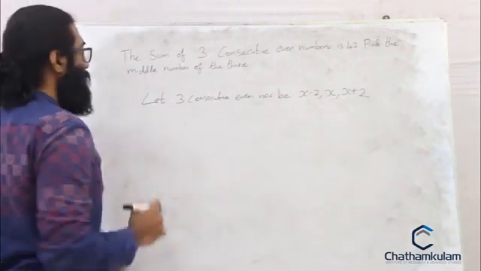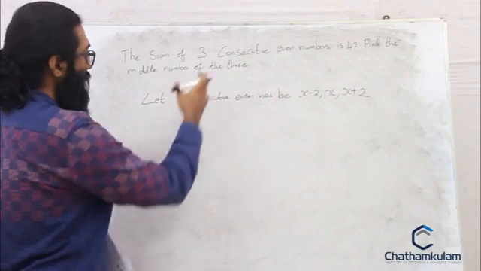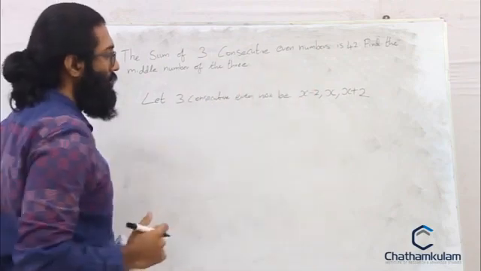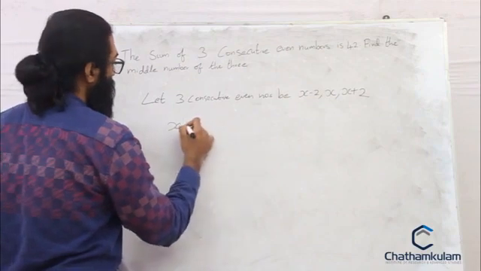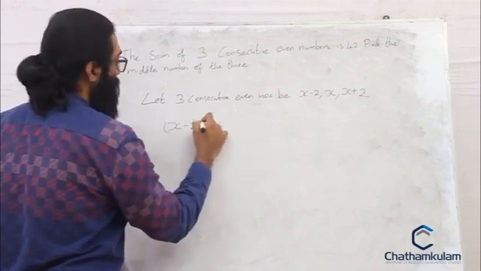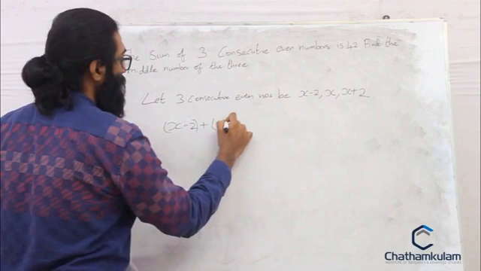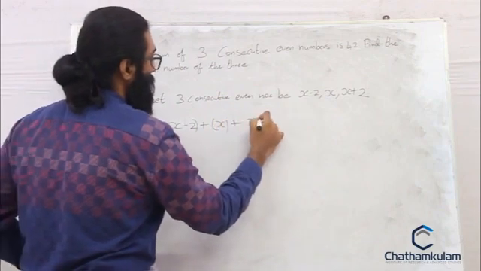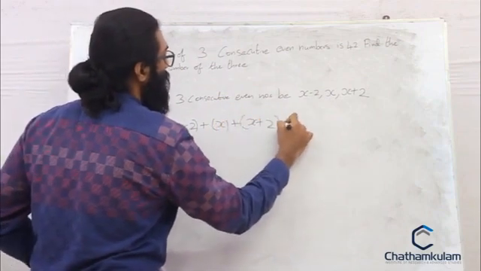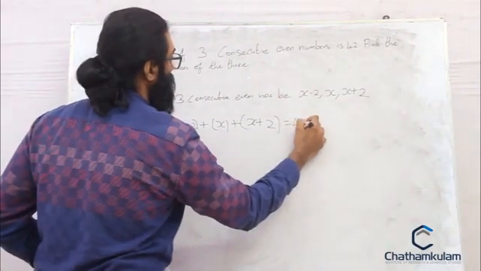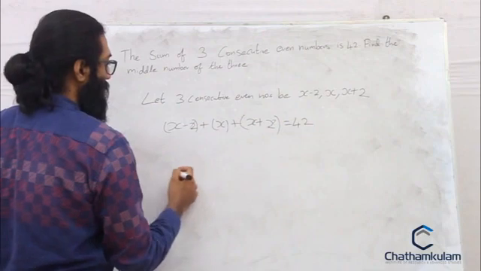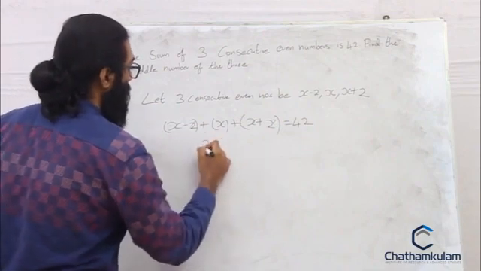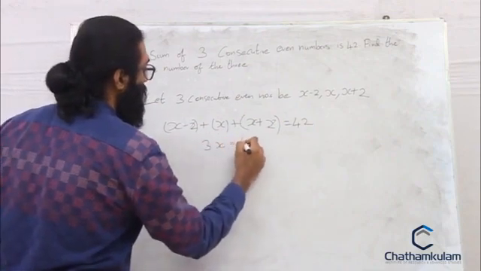Okay, so in the question it's given that the sum of the 3 numbers is 42. So we can write this as x minus 2 plus x plus x plus 2 is equal to 42. So we cancel the minus 2 and plus 2 here, then we get 3x equals 42.